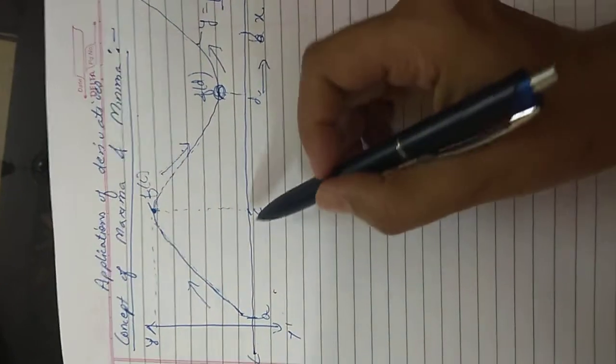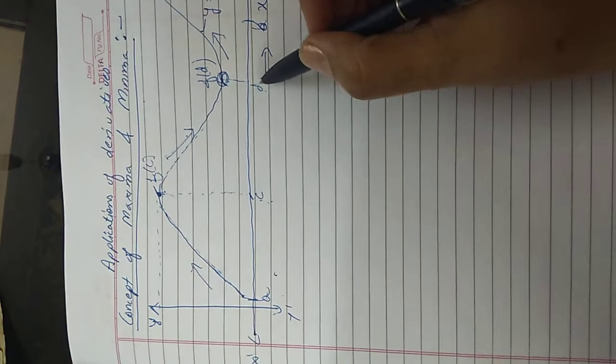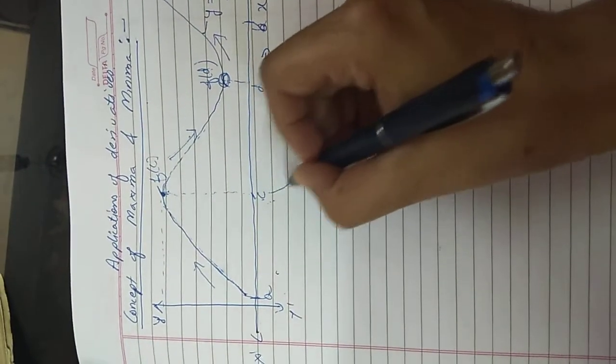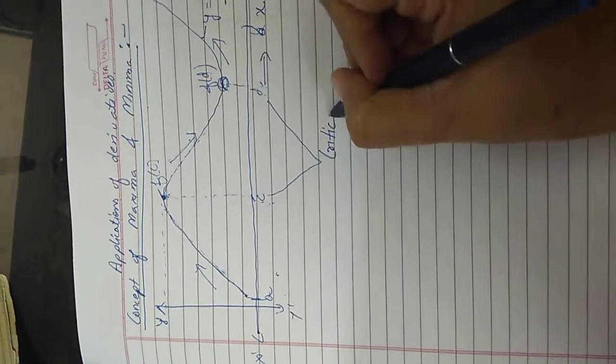So this point C at which the curve is getting the maximum value, and the point D at which the curve is getting the least value, these 2 points C and D are our critical points.